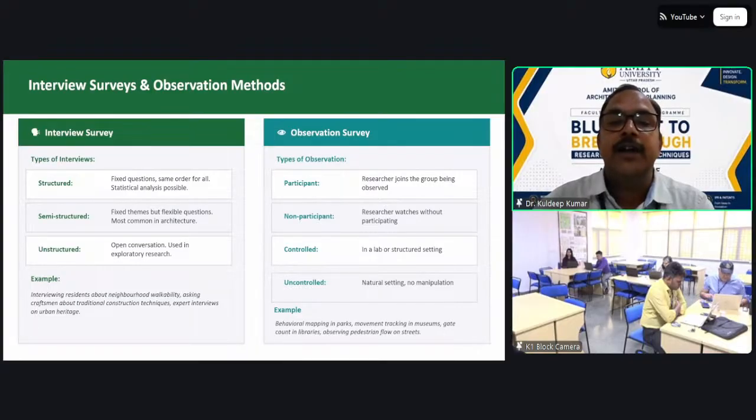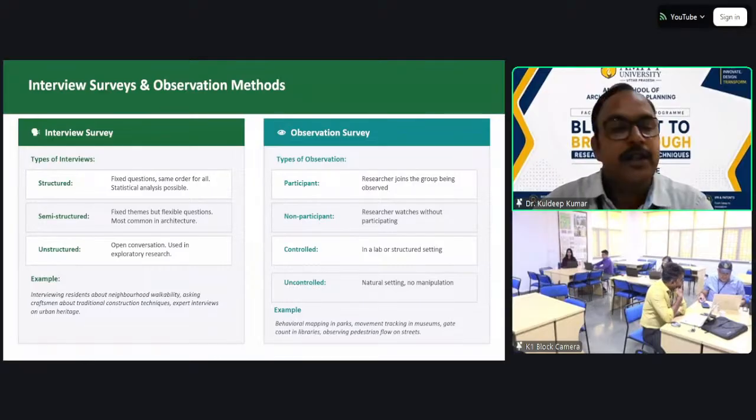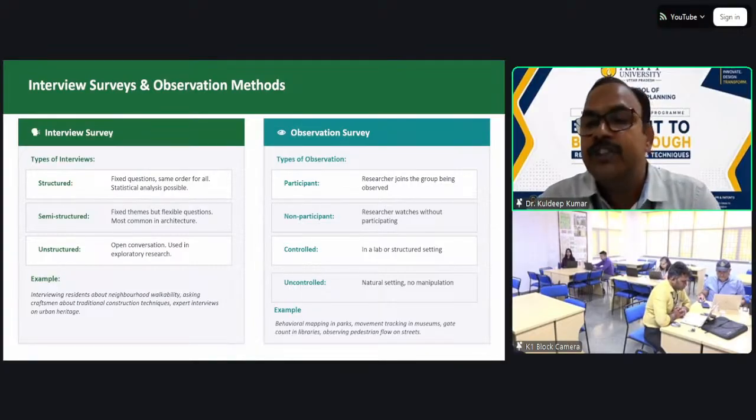Now, on the other hand, in an observation survey, the researcher watches and records behavior or physical conditions rather than asking questions. These are of four types: participant observation, non-participant observation, controlled observation, and uncontrolled observation. In participant observation, the researcher joins the group which is to be studied.